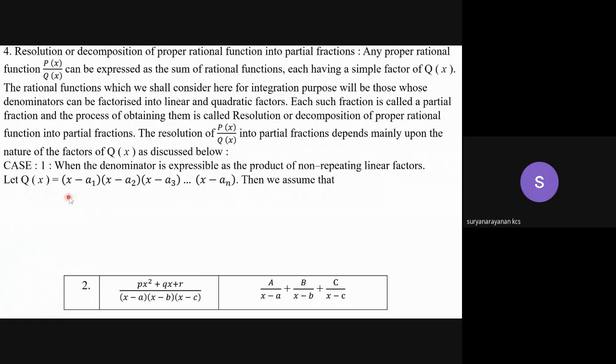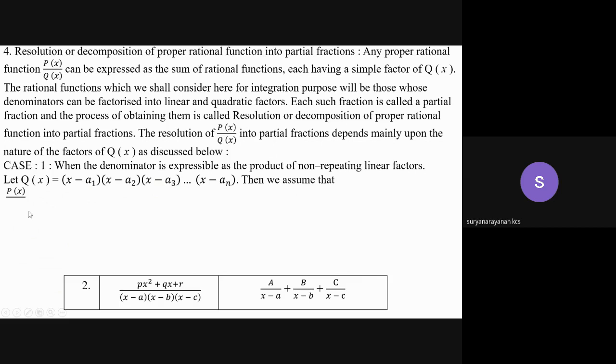If the denominator is expressed as a product of some linear factors, only linear factors. If you observe the first bracket, it is a linear polynomial. The second bracket is also a linear polynomial. The third bracket is also a linear polynomial. So these are all said to be linear factors. In this case, how to write partial fractions?